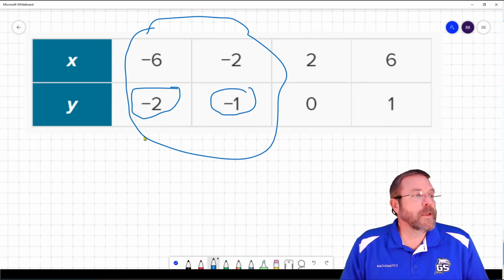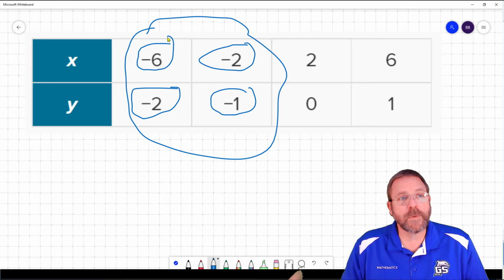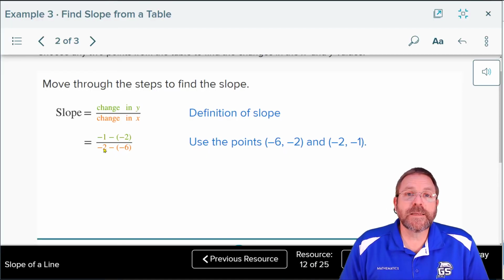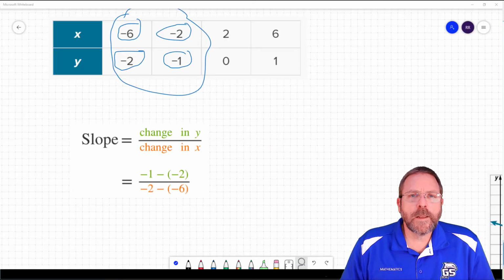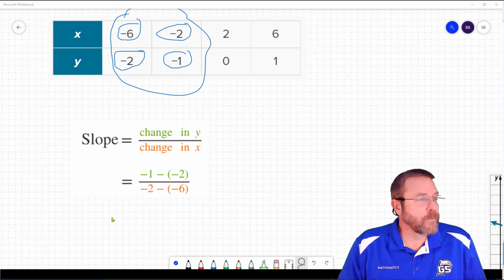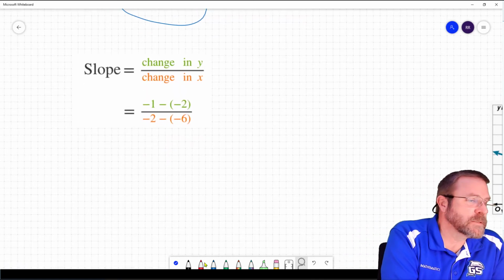Now if we take a look at the x values there, you have a -2 minus a -6, because remember the change is a difference, so we're going to be doing subtraction, and that's where they get the -2 minus the -6 from. Now if it was me doing this problem, I would make the ugly problem pretty first, because it looks mighty confusing having a minus and negative there.